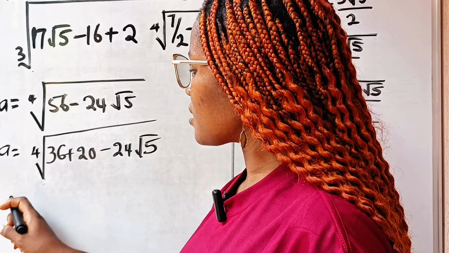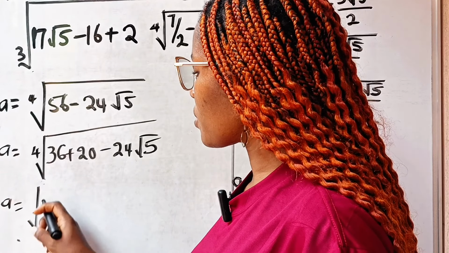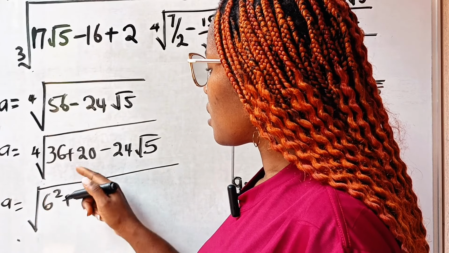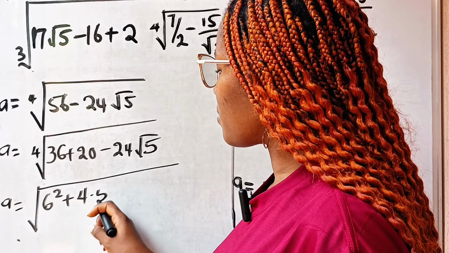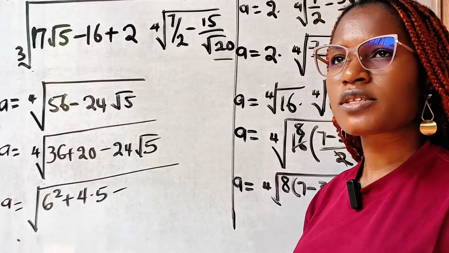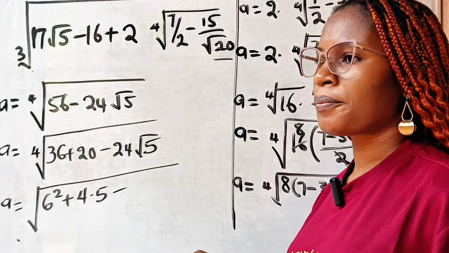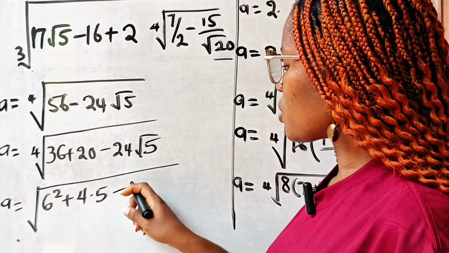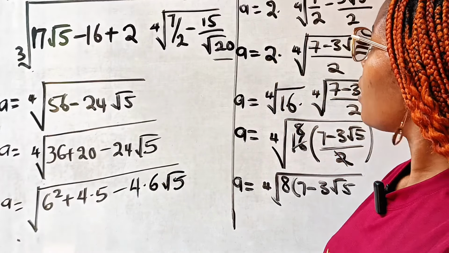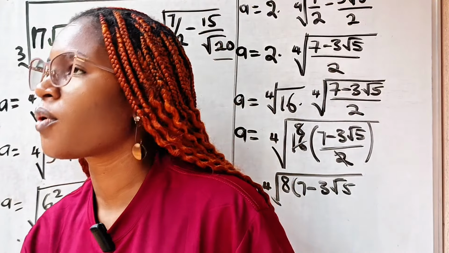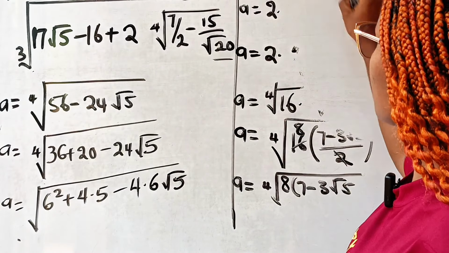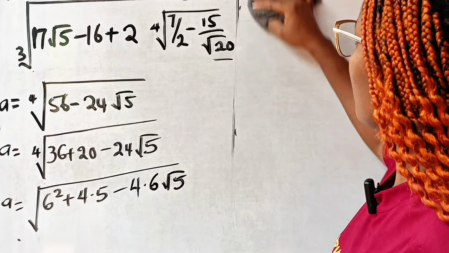So we can write this as A is equal to the square root of 36, which is 6 squared, plus 20, which is 4 multiplied by 5, minus, can we bring out 4 from 24? 24 is 4 multiplied by 6, and we have root 5. Since I'm looking for something in the form of a minus b squared, I will keep manipulating this until I get that.